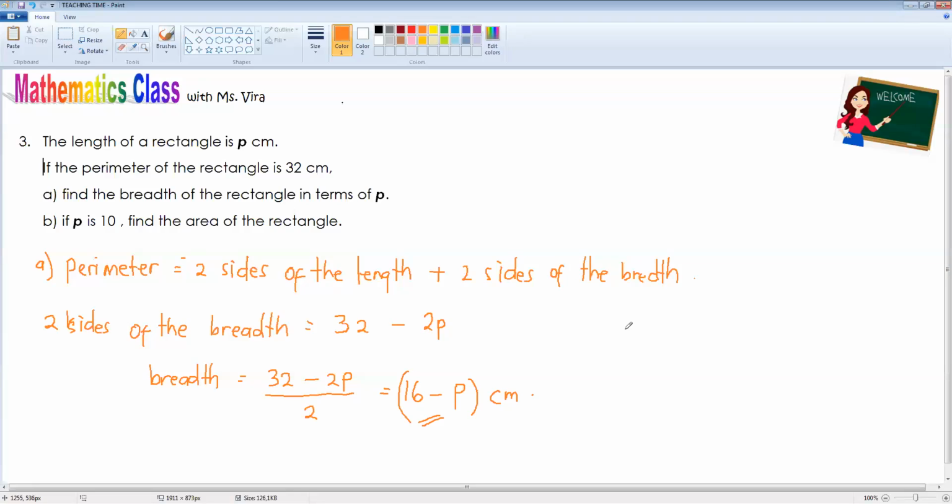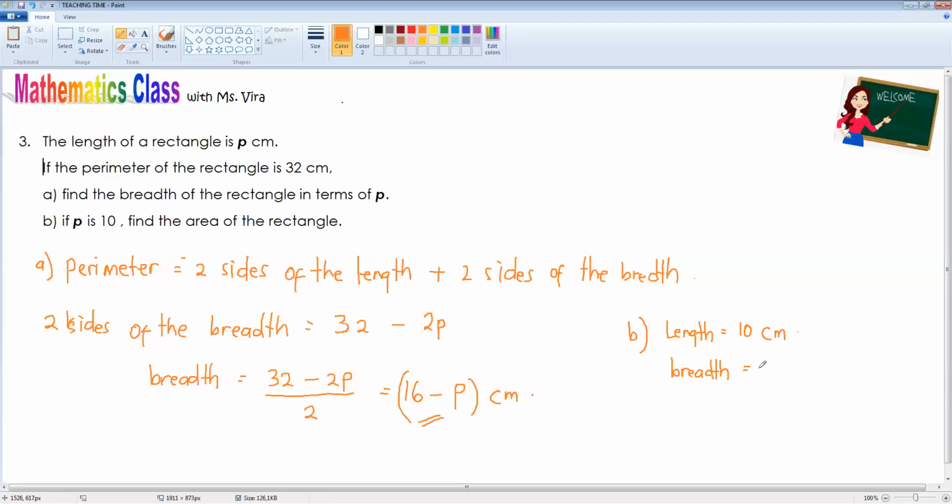Question B, if p is 10, find the area of the rectangle. Now first, we need to write the length is p centimeter and p is 10, then we know the length is 10 centimeter. But the breadth is 16 minus p centimeter.